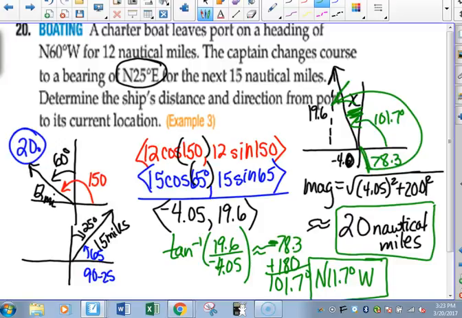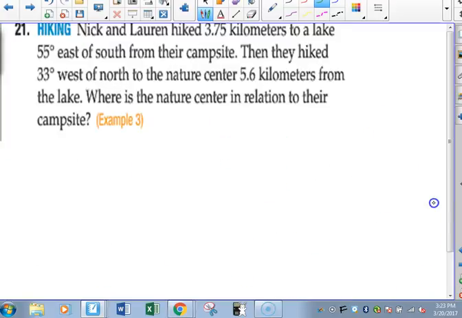All right. Let's see if we can get 21 done, unless someone has something else they wanted me to do. We're good? Okay. Nick and Lauren hiked 3.75 kilometers to Lake 55 east of South from their campsite. When they say of South, that means off of South. They were going 55 degrees towards the east. Off of South, 55 towards the east.